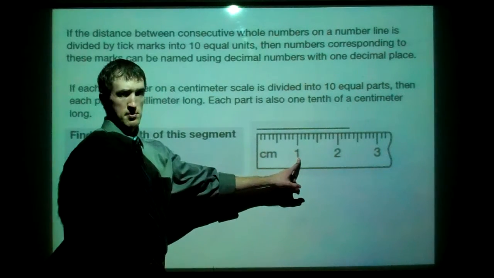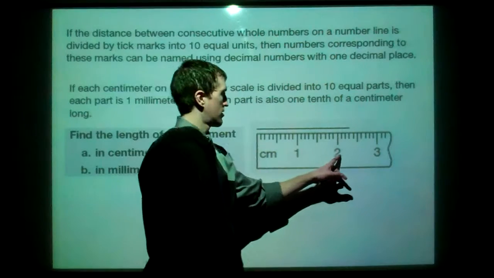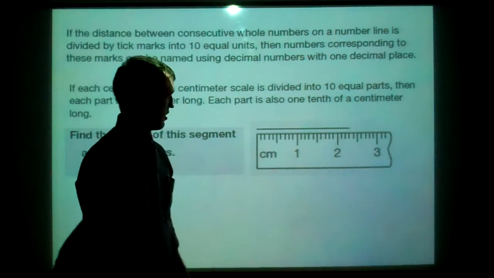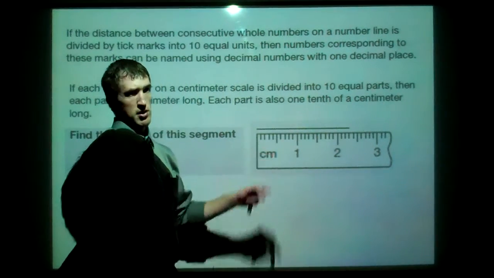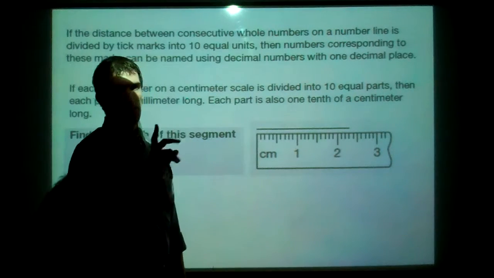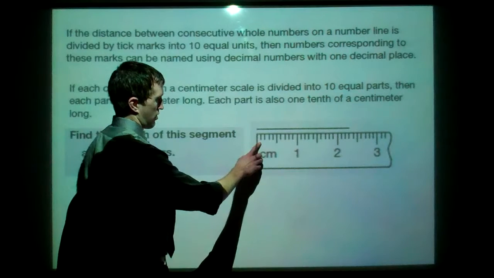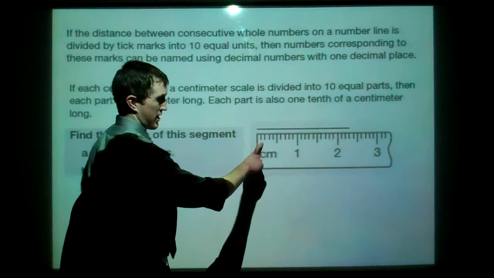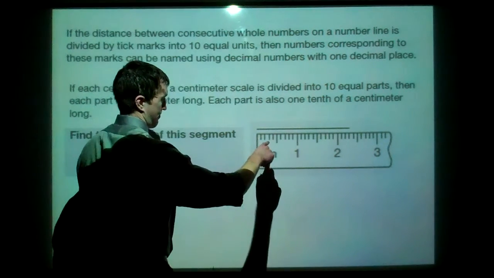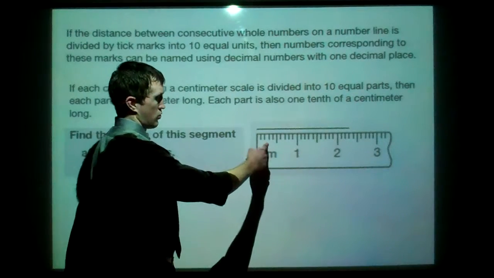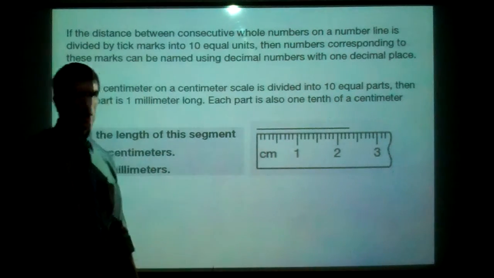This would be 1 centimeter right here. So we have 1 centimeter, 2 centimeters, 3 centimeters, and the little marks are millimeters, and each mark is 1/10 of a centimeter. So this would be 1 millimeter or 1/10 of a centimeter, 2 millimeters or 2/10 of a centimeter. That's how I read it.